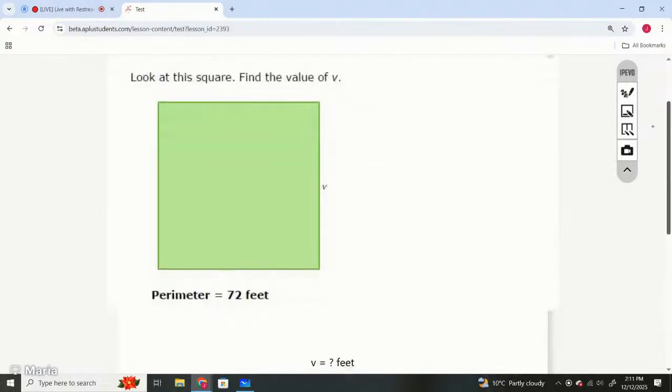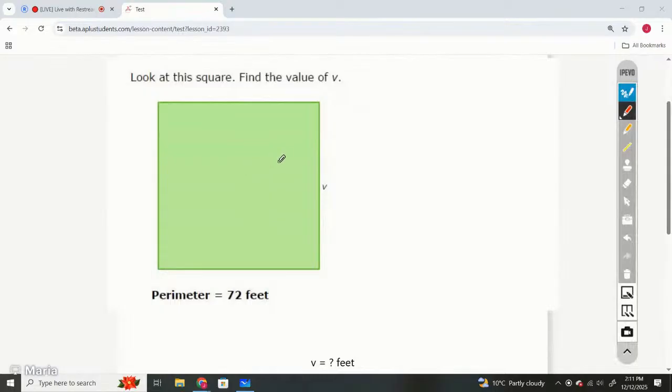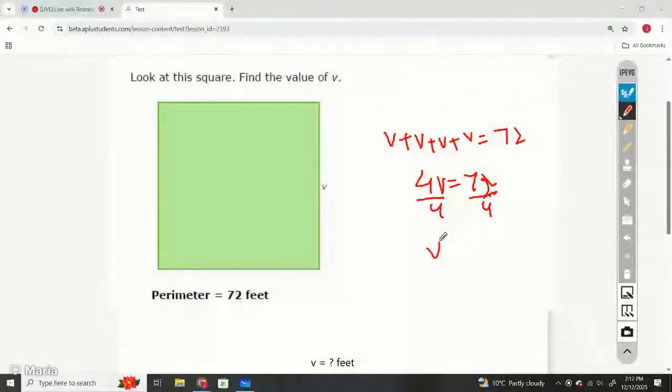Look at this square. Find the value of V when we are given the perimeter. So the shape is a square. A square has all four sides equal in measurement. V plus V plus V plus V equals 72, because we need to calculate the value of V only. 4 times 1 is 4 and 4 times 8 is 32.